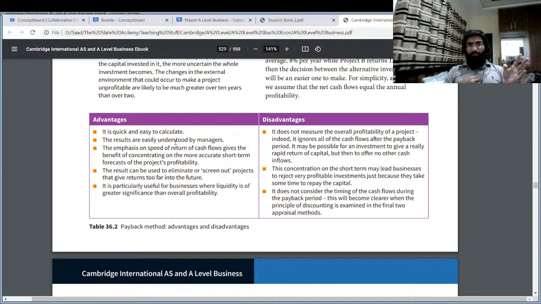There they have given you just the advantages, but when we have to discuss any particular method in our exam, we have to give not only the advantages but also disadvantages. Take a screenshot, give it a quick read, and then we'll call it a day for today. Tomorrow, inshallah, we'll resume from the next method.